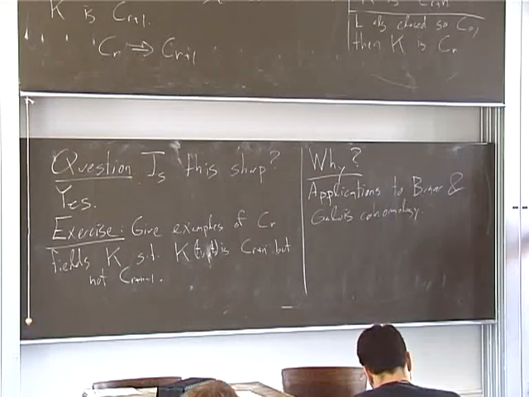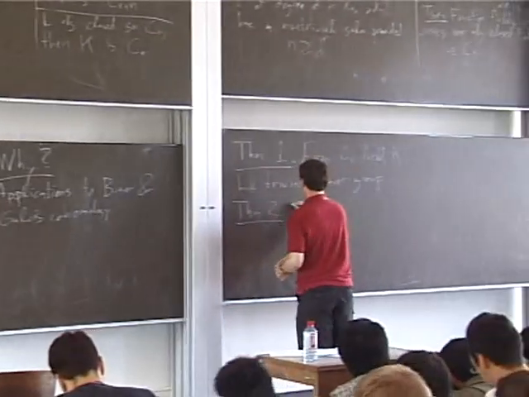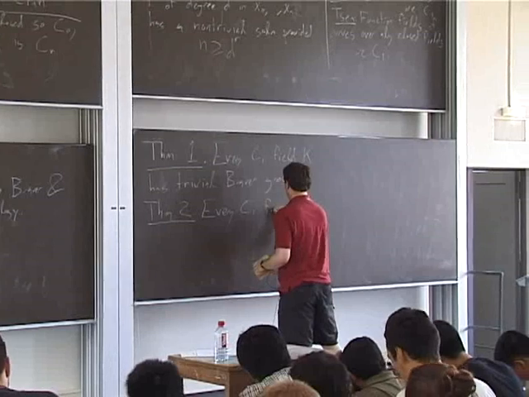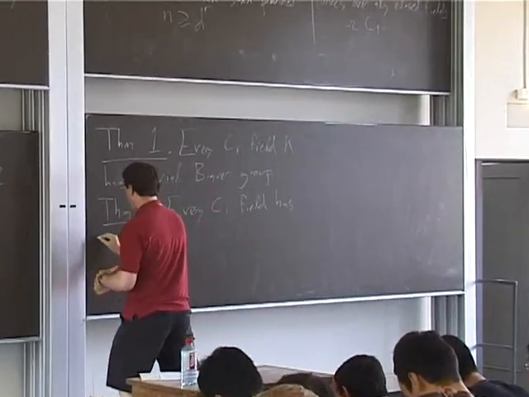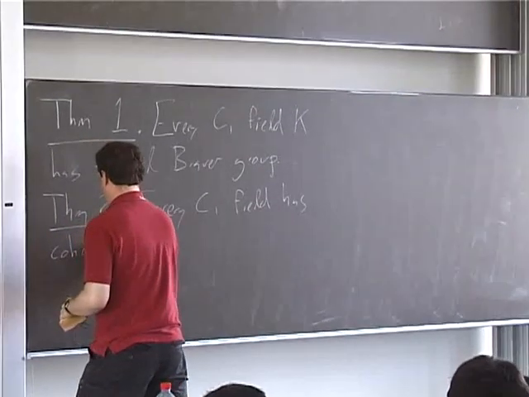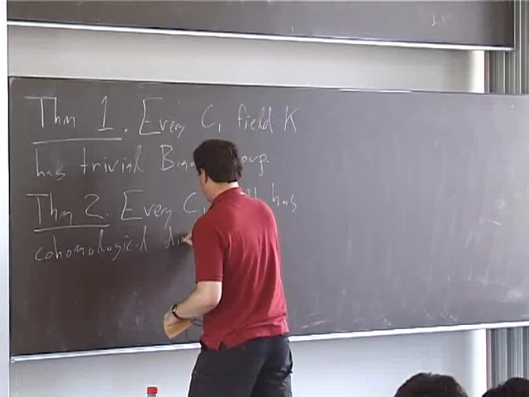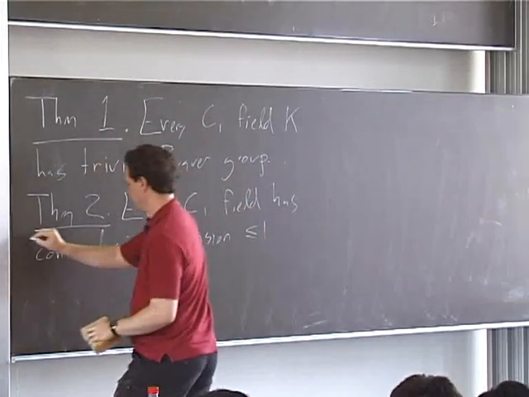And then, it follows from this. Theorem 2: every C1 field has Galois cohomological dimension less than or equal to 1. What does this mean?